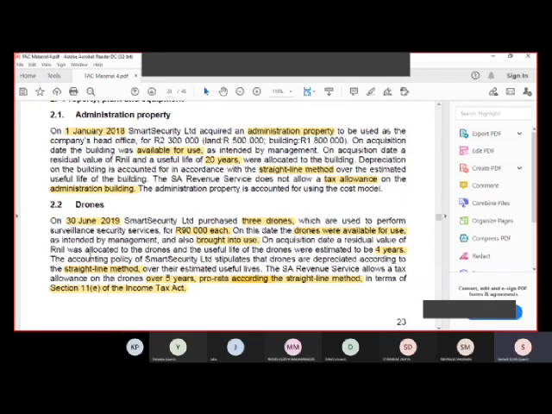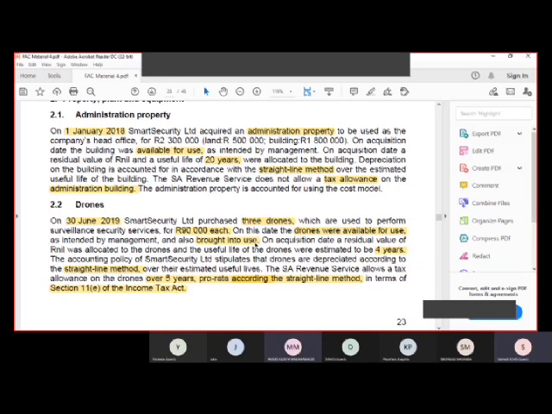On this date, the drones were available for use, so on the 30th of June you must start depreciation as intended by management and brought into use. Also for tax purposes, you're going to start calculating allowances on this date. On acquisition date, a residual value of nil was allocated, so there's no residual value for the drones, and the useful life of the drones was estimated to be 4 years.